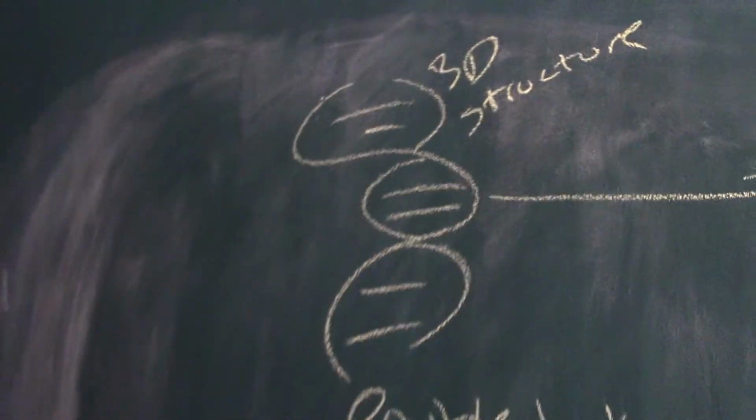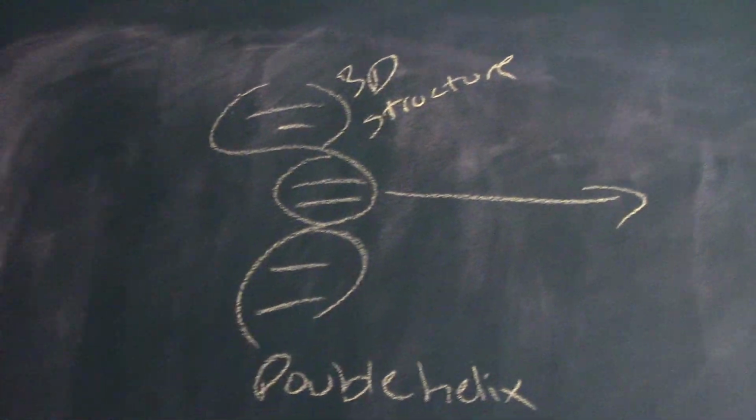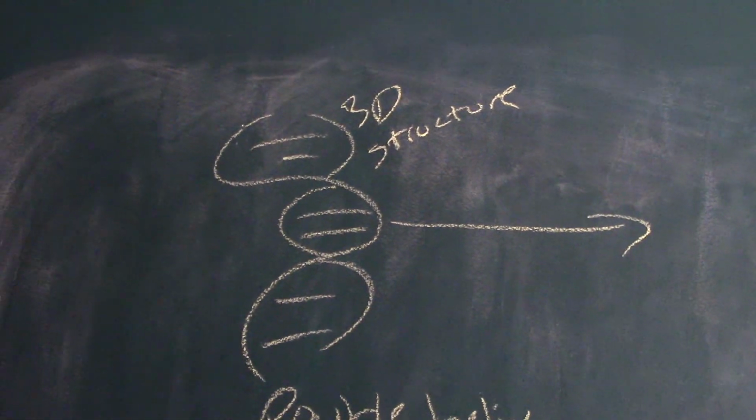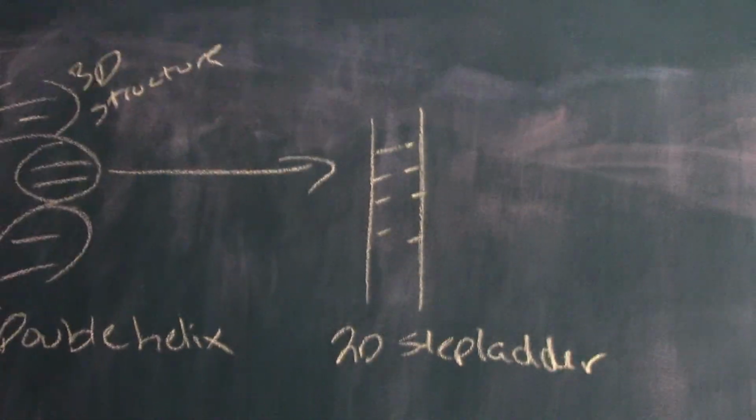So we need to turn the 3D spiral staircase into a 2D stepladder. All right, so DNA becomes a 2D stepladder. Now there is an enzyme called DNA gyrase that does that.